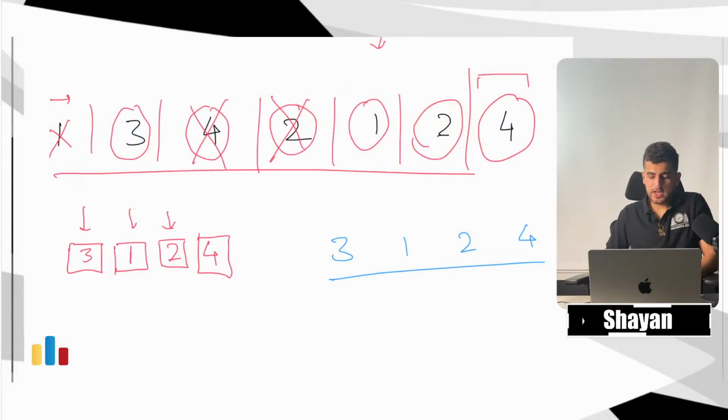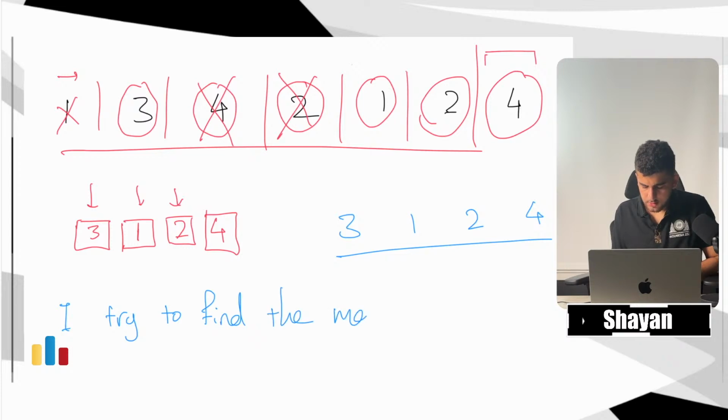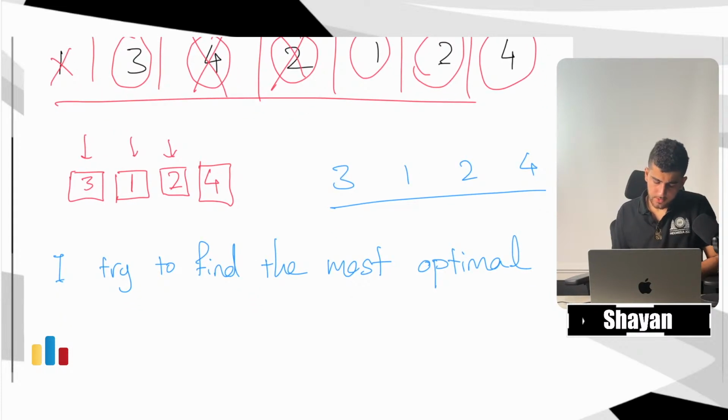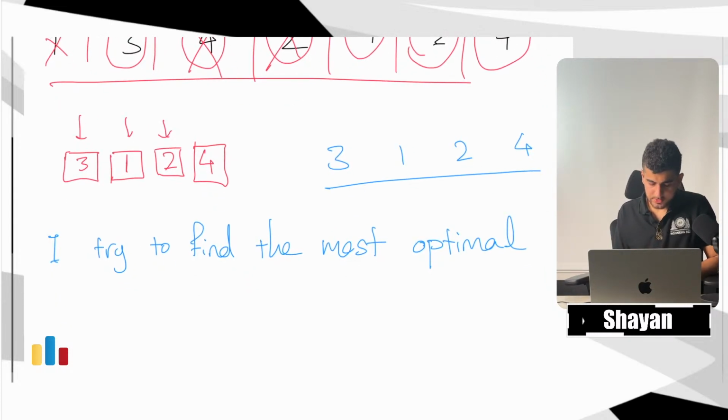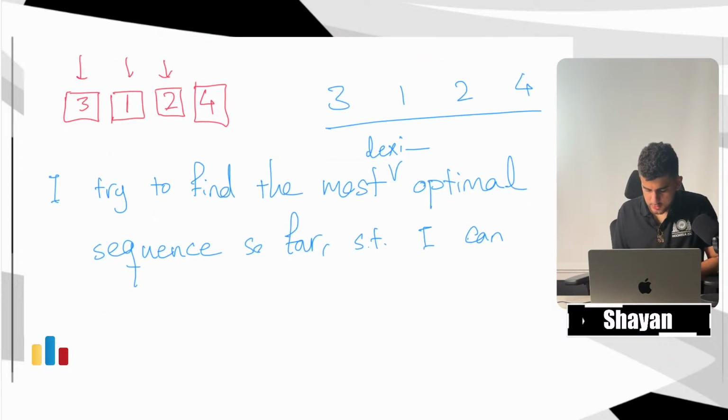So this is the idea. I try to find the lexicographically optimal sequence so far, such that I can continue it, as you saw in this example.